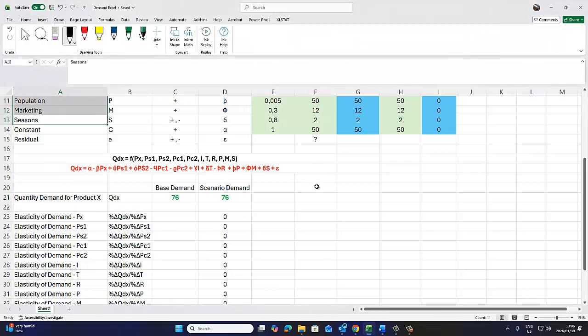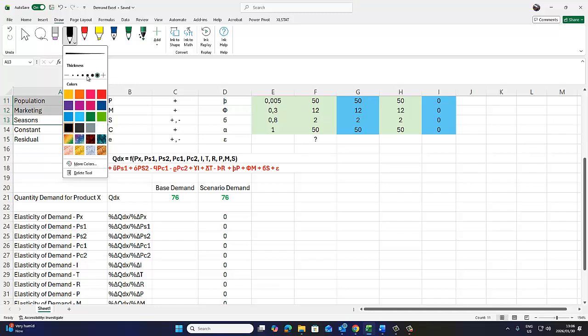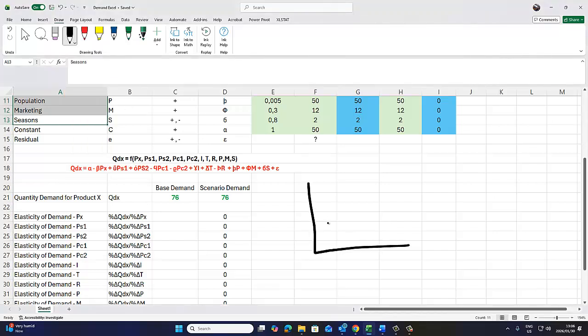We cannot put 11 variables on a simple two-dimensional graph. Because remember, here's quantity and there is only price. So we only need price and we only need quantity. We don't need all these things.